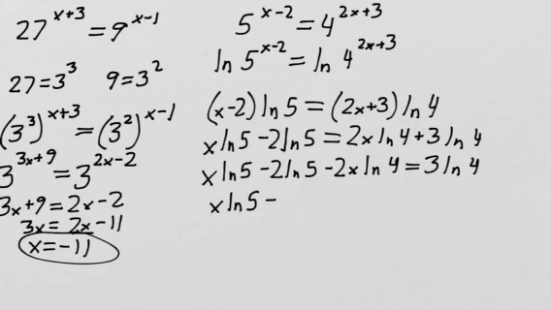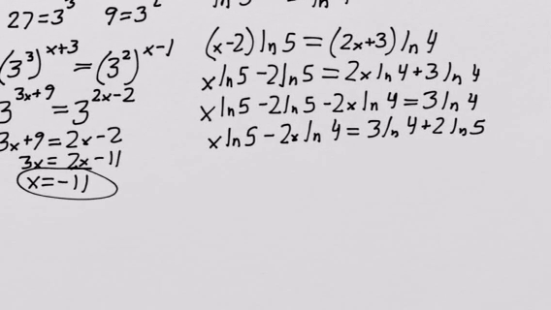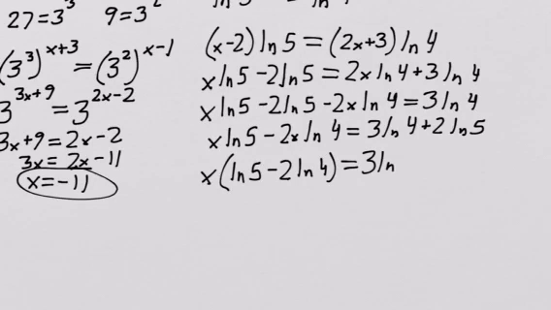So x ln 5 minus 2x ln 4 is equal to 3 ln 4 plus 2 ln 5. We can factor an x out of the left-hand side here. So x times ln 5 minus 2 ln 4 is equal to 3 ln 4 plus 2 ln 5.